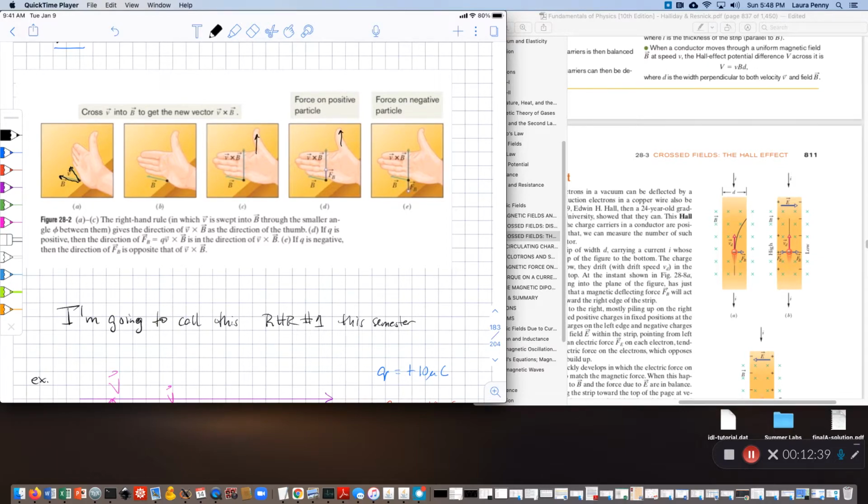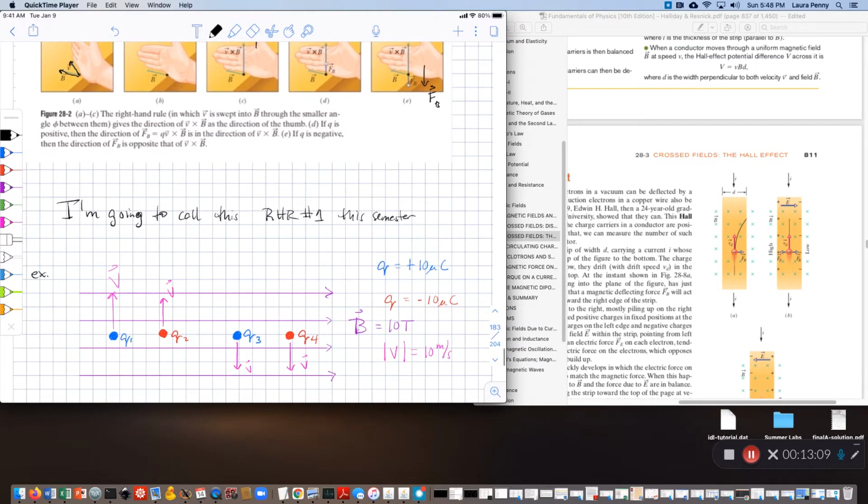That tells them that the force on a positive particle is in that direction. Now, negative particles have to go the exact opposite way, right? A positive particle and a negative particle do exactly the opposite thing. So in this situation, F sub B would be down on a negative particle, and here F sub B would be up on a positive particle.